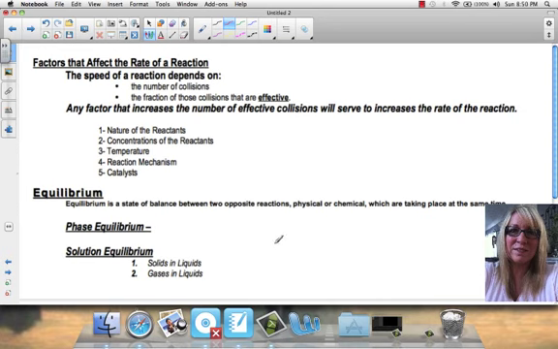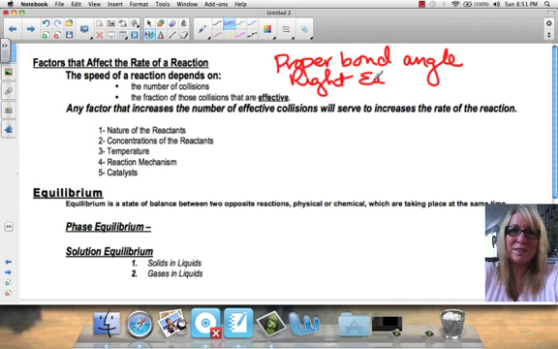Factors that affect the rate of a reaction. The speed of a reaction depends on the number of collisions and the fraction of those collisions that are effective. Remember, in order for a reaction to take place, we need to have the proper bond angle and the right amount of activation energy, EA.